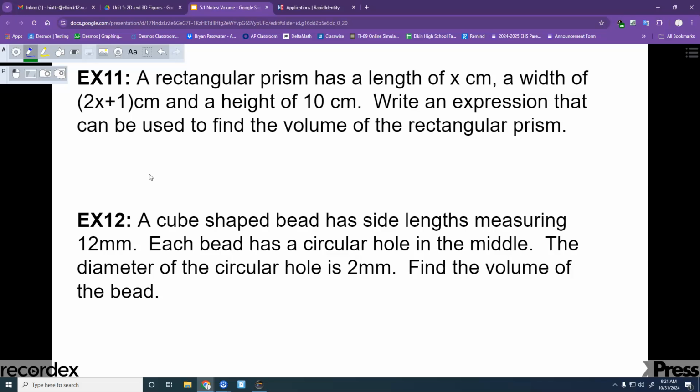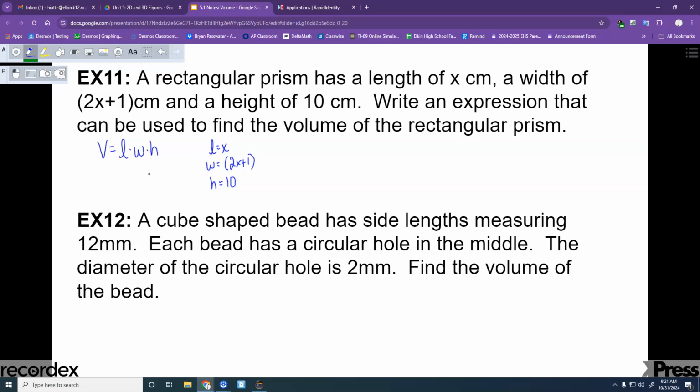Volume, they've given us the easiest volume thing we have. What is the formula for a rectangular prism? Length times width times height. We've been doing that since we were little kids, right? And they gave us that length equals x, width equals 2x plus 1, and height equals 10.